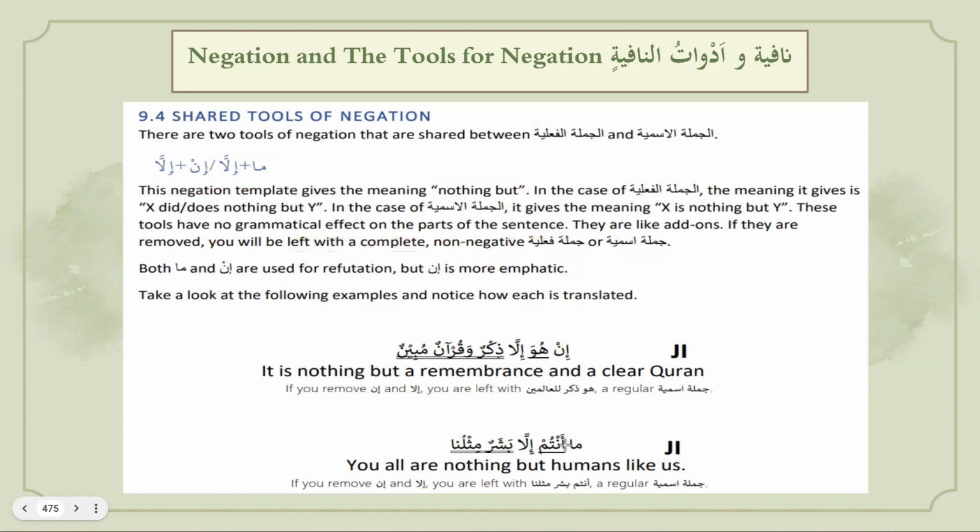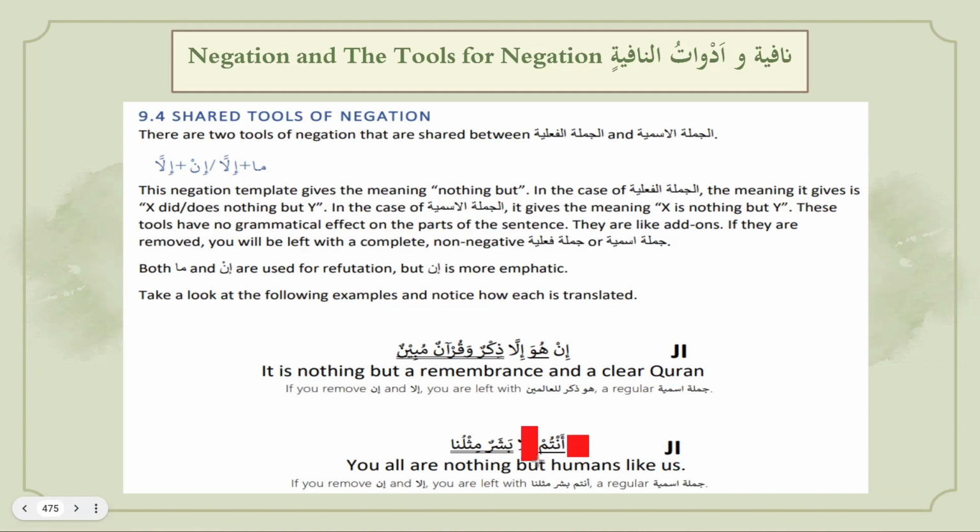Then we have another example, ma antum illa basharum misluna. So ma antum, you are nothing but basharum misluna, humans like us. So if you remove ma and illa, then you will see that the sentence is still there.